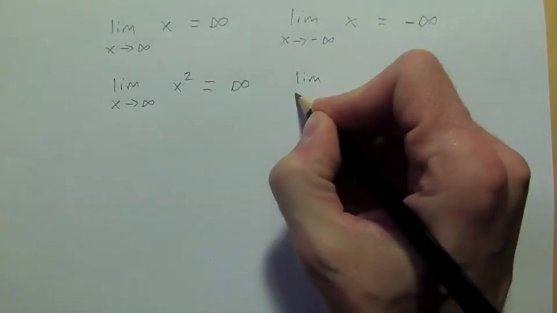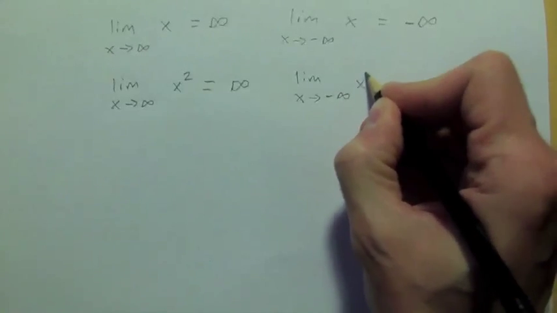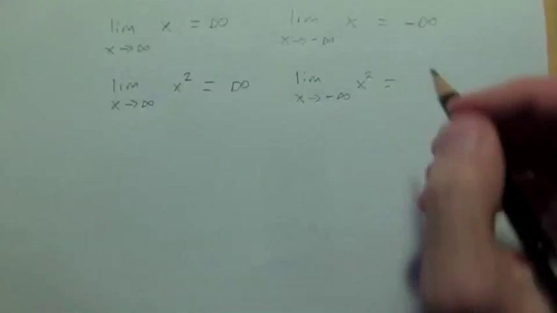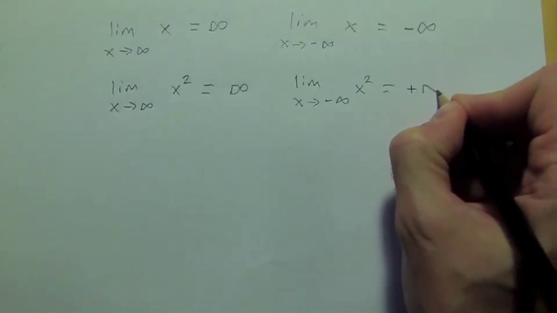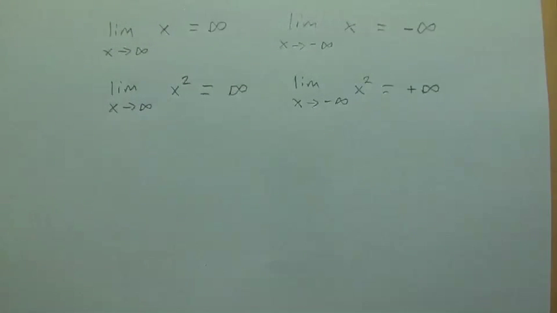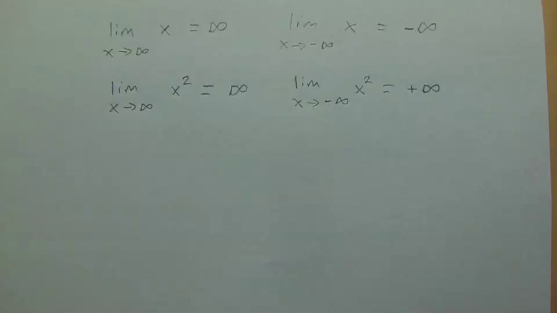And how about the limit as x goes to negative infinity of x squared? Well, the squared term is going to cancel out the negative sign, so this also goes to positive infinity.